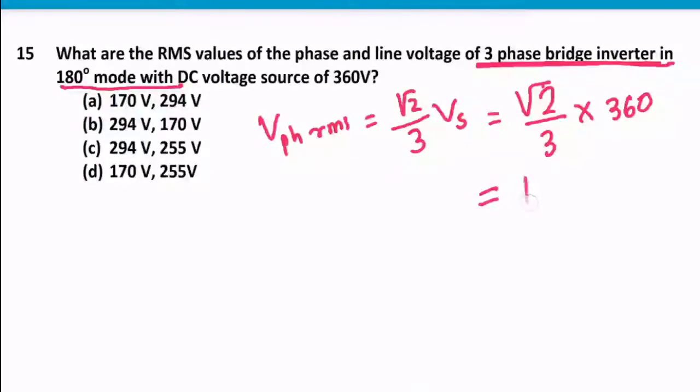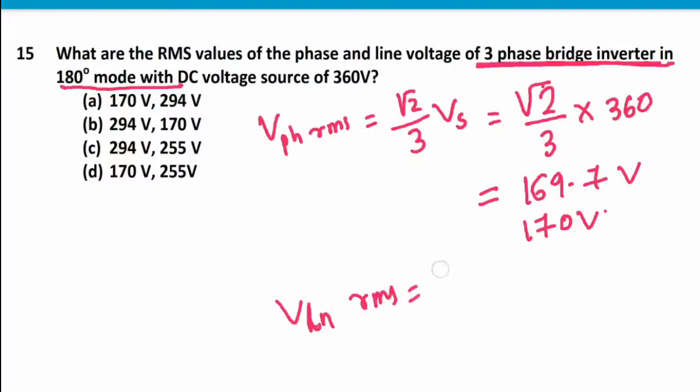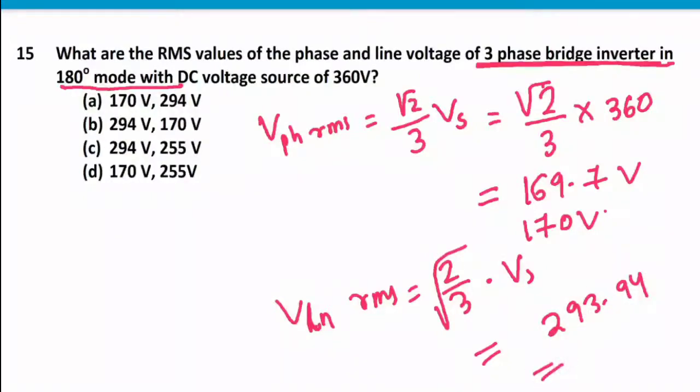This comes to be 169.7 volt, around 170 volt. Next is V line RMS. V phase is already calculated. The V line RMS is equal to root over of 2 by 3 into V source, that is around 293.94, nearly equal to 294 volt.